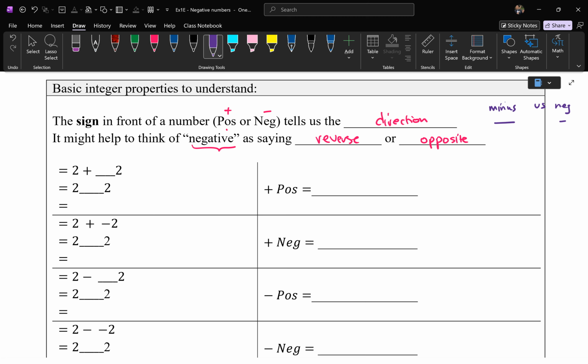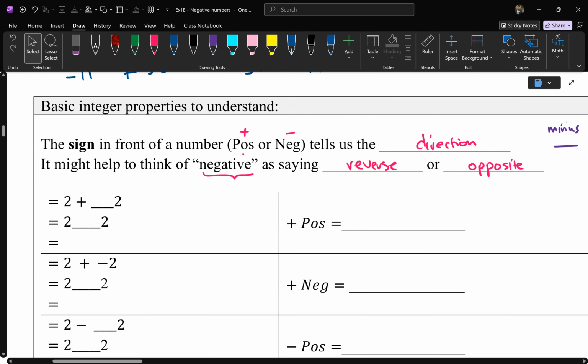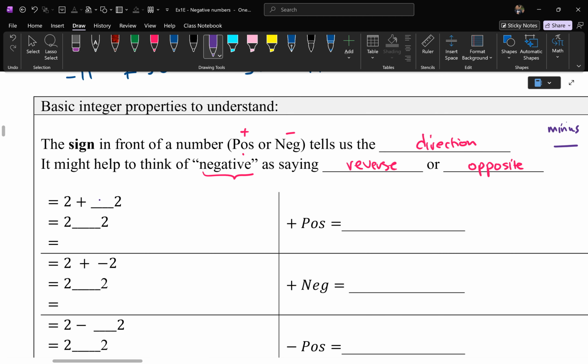This big line is called minus. That's the operation. Okay, so that's subtraction. There's a difference between the two. When you see a negative, that's what I'm trying to say here. When you see a negative, think of it as saying reverse or do the opposite. Go the opposite direction. So let's see here. You got 2 plus. Now if I put a negative in front of it, so that's a negative. That's not an operation. This is negative.